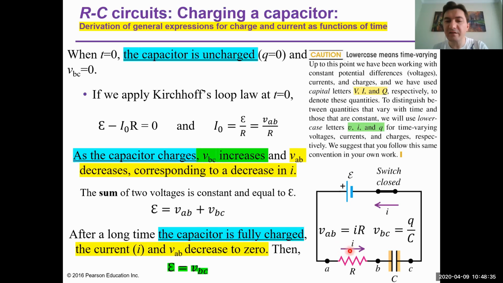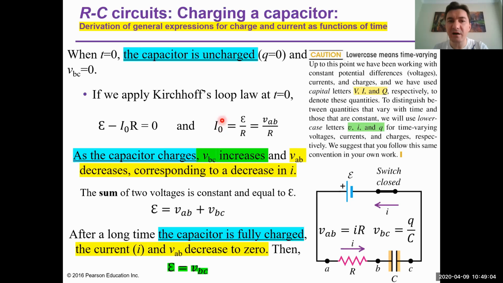And since the current direction and travel direction are the same, we have a negative contribution from that resistor: minus the initial current in the circuit when the time is 0 times the resistance of the resistor, and they are equal to 0 according to Kirchhoff's loop law. Then take this one to the right side and solve for the current.